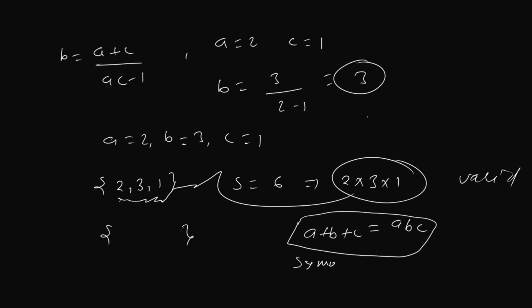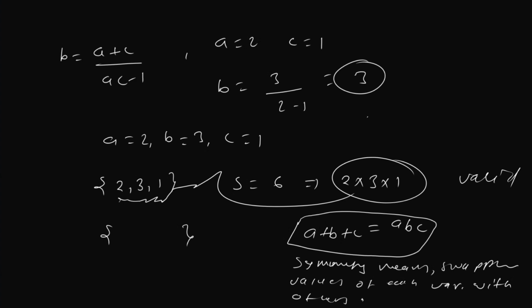What does this mean? Swapping values of each variable with the others will not impact it. Here we have a equals 2, b equals 3 and c equals 1.